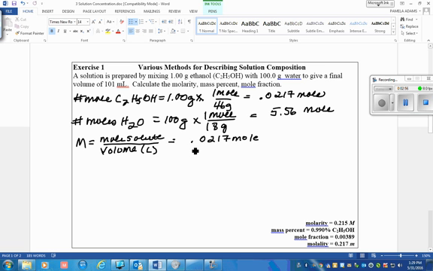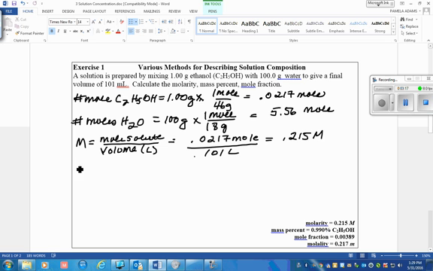And the total volume of the ethanol and the water is 0.101 liter. It's 101 milliliters. Divide that by 1,000 to get liters, and that means that our molarity is 2.15 molar.